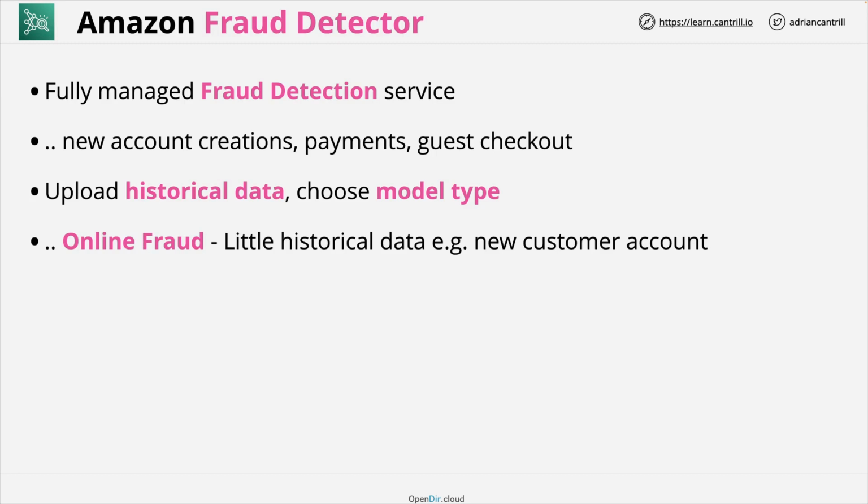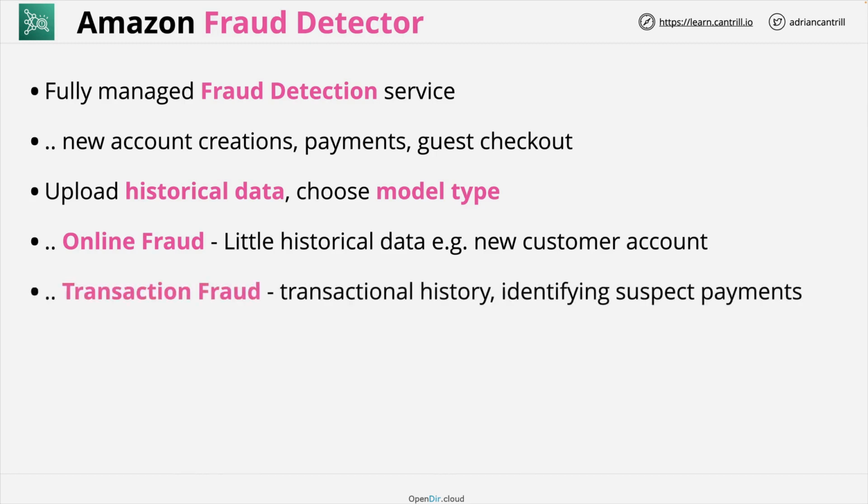Now we also have another model type which is transaction fraud, and this is ideal for when you do have a transactional history for that customer, and this transactional history can be used to identify any suspect payments. This is fairly commonly used when you're performing credit card transaction validation.